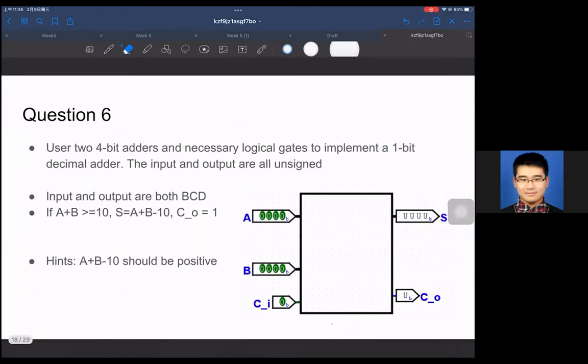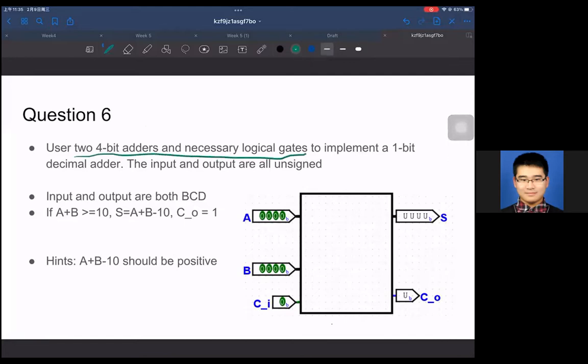Okay, for question 6, I think I still got a couple of minutes. Let me quickly finish this. So again, this is what I'm saying. Building using adders, I'm saying using two 4-bit adders and necessary logical gates.